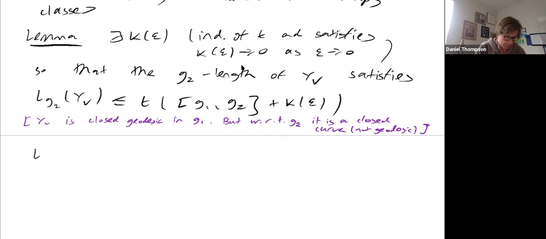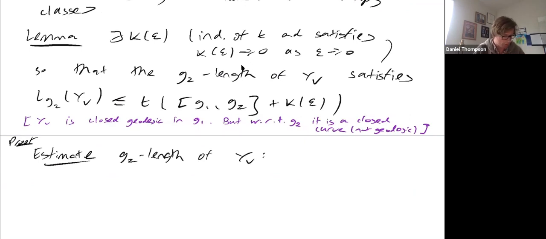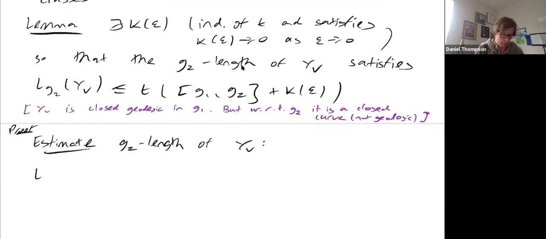Okay, so let's estimate. Proof: estimate the G2 length of this closed curve. Let's just remember what length is. It's going to be the integral from 0 to t prime over n. I'll explain the n in a moment.